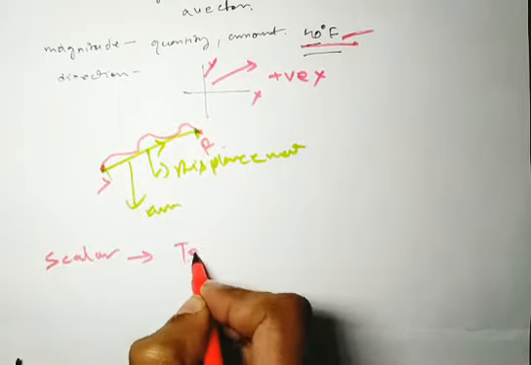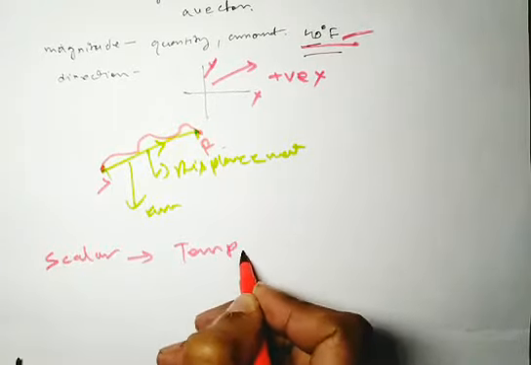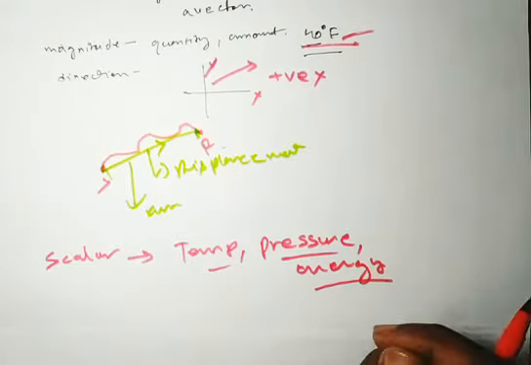You can say temperature and pressure and also energy. All these have only the magnitude or amount of their kind, but they don't represent the direction.